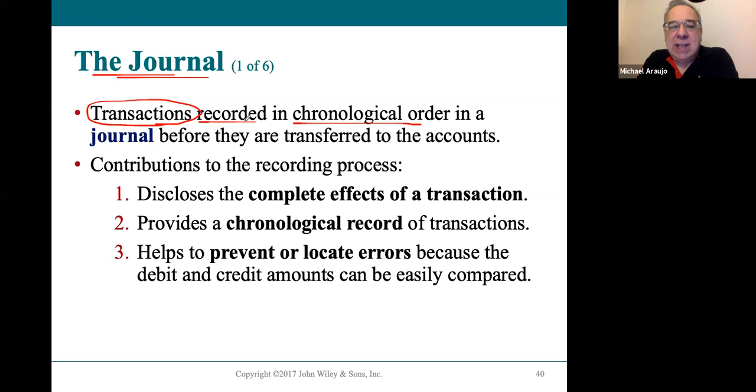And thus it needs to be recorded because we need to have a record of what happened. And so the first place it's recorded is the journal. So a journal is a chronological record. It gives us the complete effects of what the transaction is, and it helps us have a paper trail so we can look for and prevent errors.